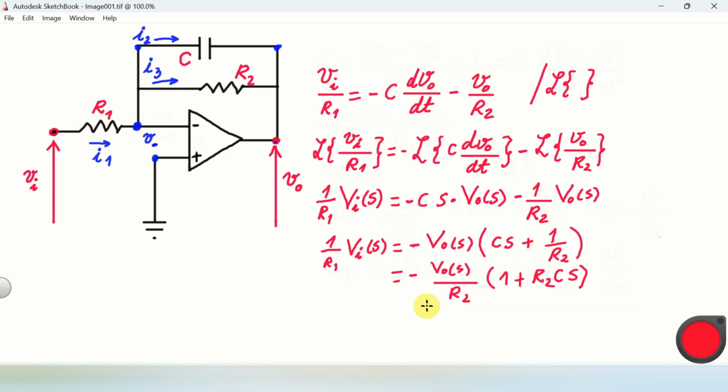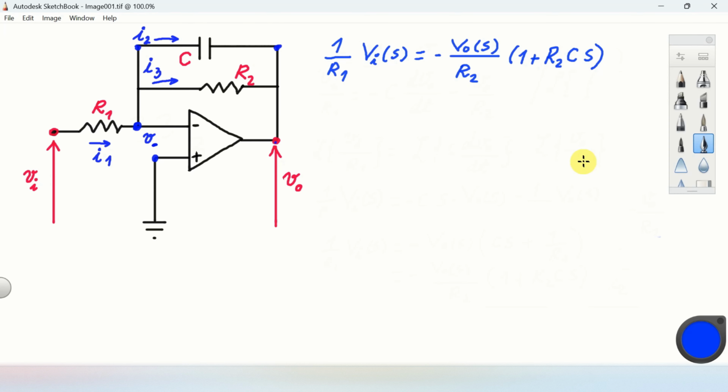And now we are almost ready to give the transfer function. Here is the last equation once again, and from here we can obtain the transfer function. Namely, W of S from this equation is equal to the ratio of VO of S over VI of S. Let's nicely write it down. And let's see what we have on the right hand side. Okay, so VI goes on the left hand side, R2 goes on the right hand side, as well as this term and a minus sign.